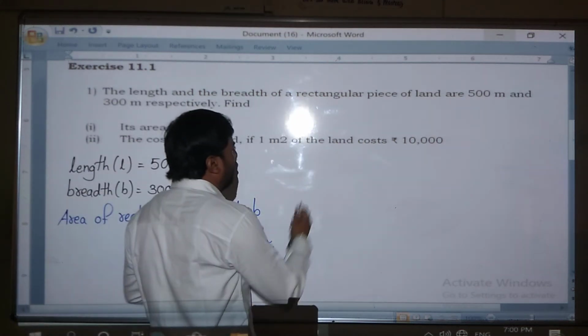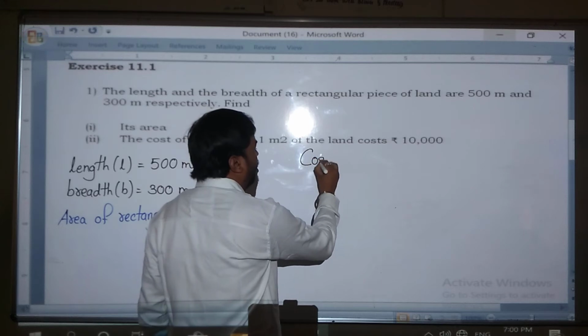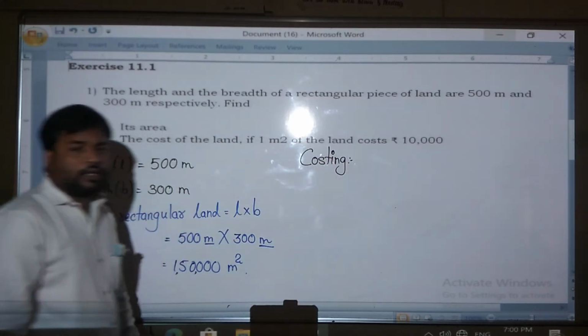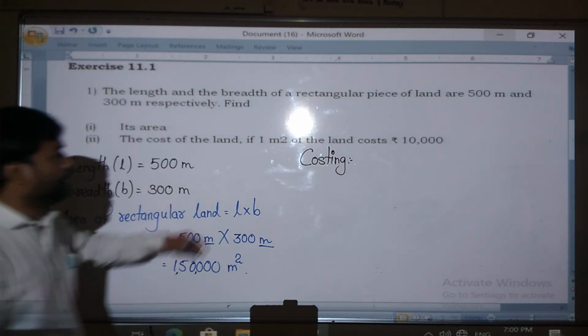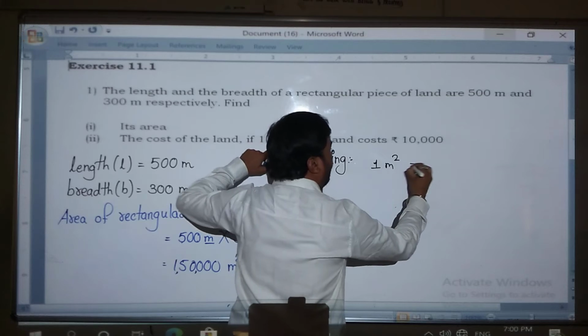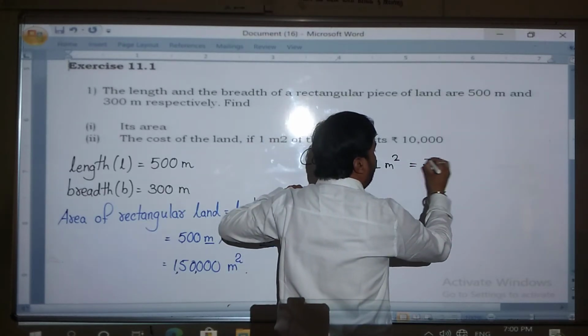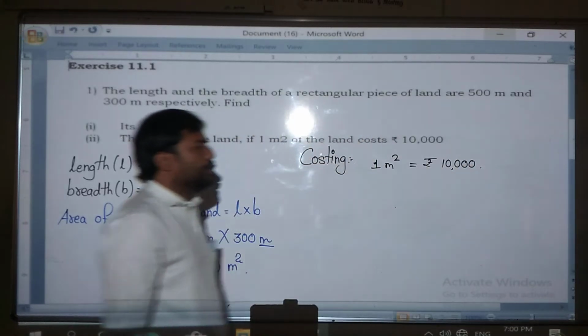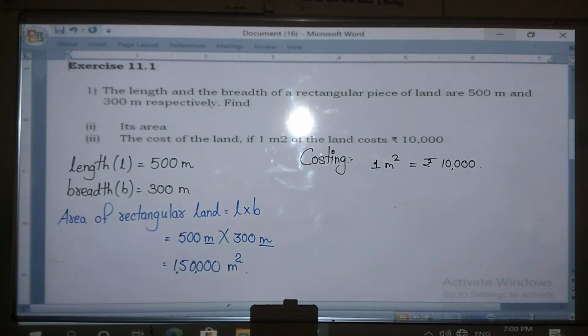Now what do we have to find? We have to find the cost. So let's find the costing. So for costing, the information is given to you that for 1 meter square, the costing will be rupees 10,000.